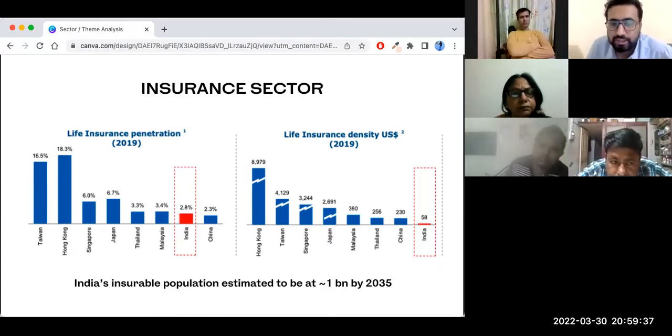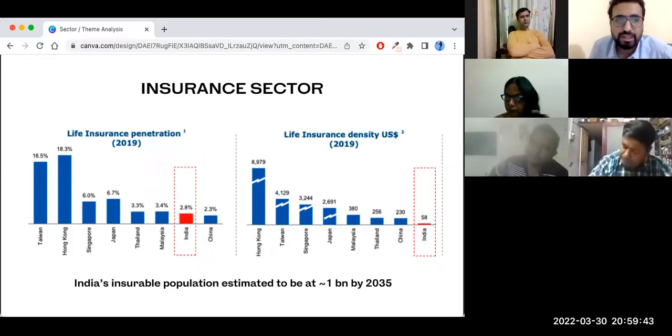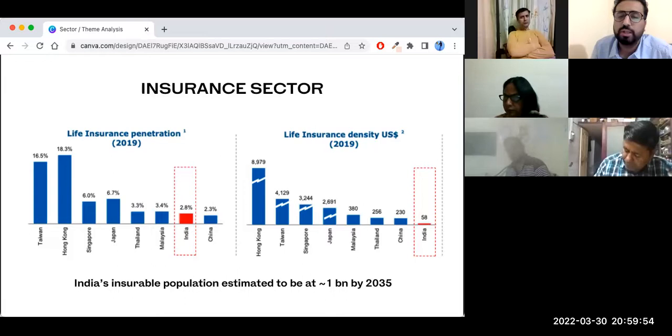Highly underpenetrated industry is the insurance sector. Life insurance penetration is 2.8%. Life insurance density in terms of dollars, that's the overall sum insured, is only $58.